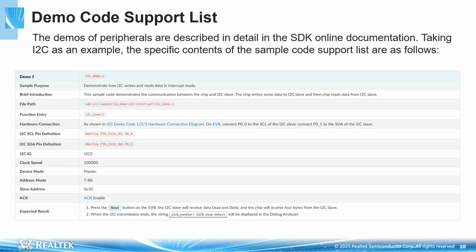The line function entry introduces the entry function name of the sample code. The line hardware connection introduces the hardware connection part of the sample code. The middle lines introduce the parameters of the peripherals set in the sample code. Expected result introduces the expected result after the sample code is executed.